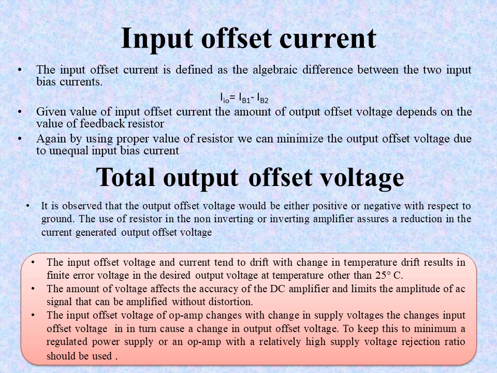Also here, the CMRR of the operational amplifier becomes an important parameter, because if CMRR is more, then the operational amplifier can reduce the error voltage or the noise signal in a better way than an operational amplifier having a lower CMRR. So these are the main basic properties that should be remembered.